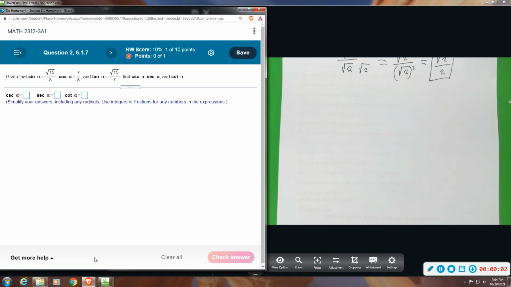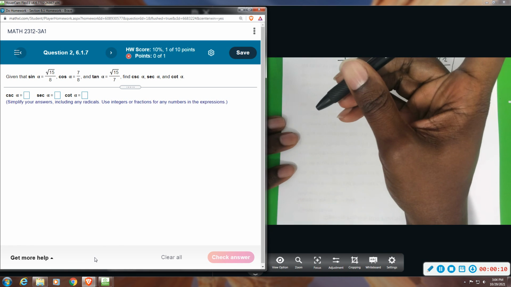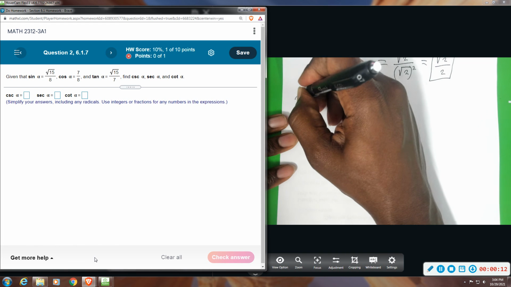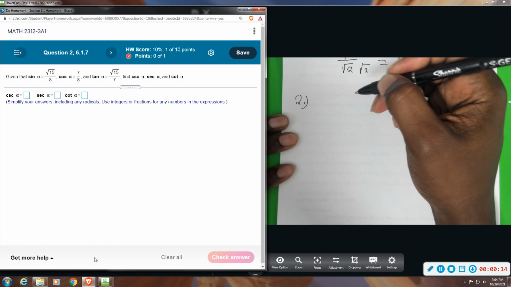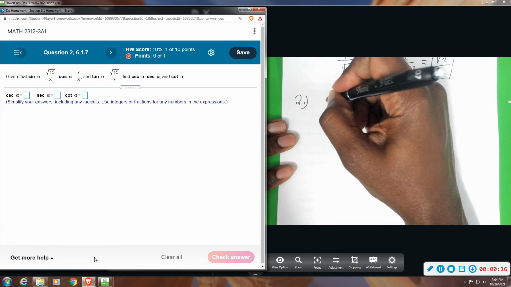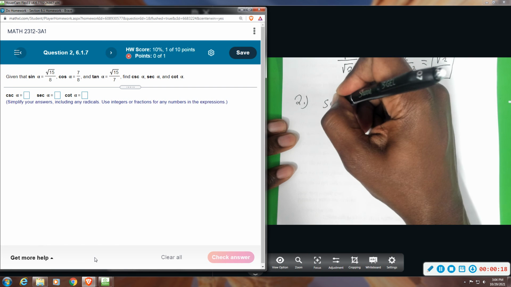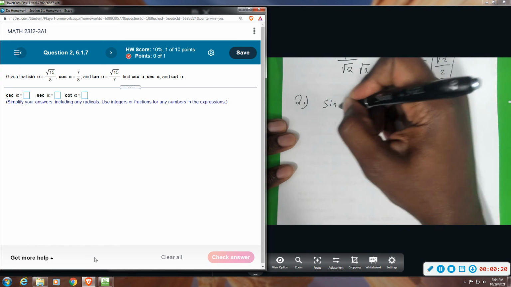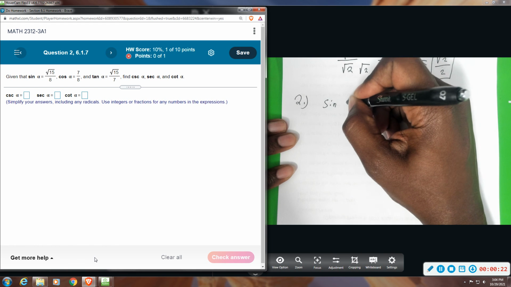Okay, number 2, we're given 3 of the trig functions already, and then we want to find the other 3. So this one is straightforward. They give us the main functions. The main ones are sine, and this time they're using the Greek letter alpha.